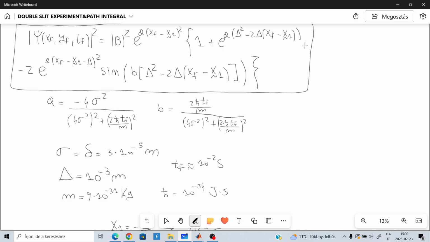So we chose delta to be the width of the slit, and remember that we had two slits along some x-axis, with the same shape. So the width delta is the same for both slits, and the probability density, or the probability amplitude, whatever you want to call it, has a peak at the center of the slit.